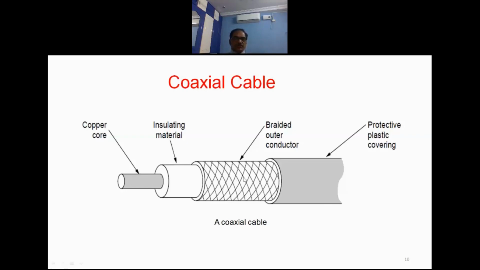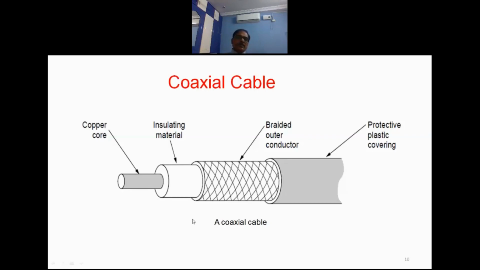As a result, external interference is almost zero. That is why the best shielding is obtained with this. Around that is a plastic outer jacket to protect from environmental conditions. So this is about the coaxial cable. Both 75 ohm and 50 ohm work this way.